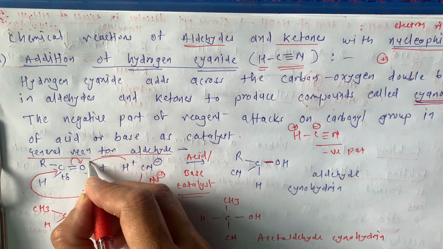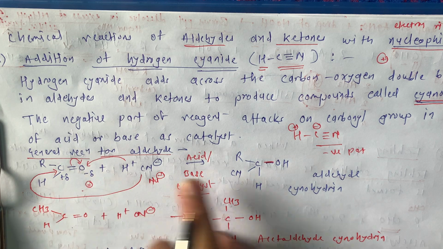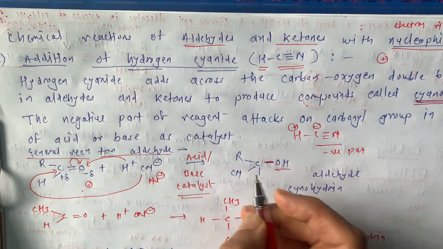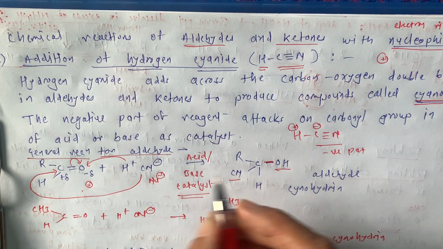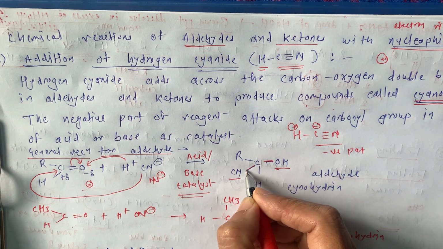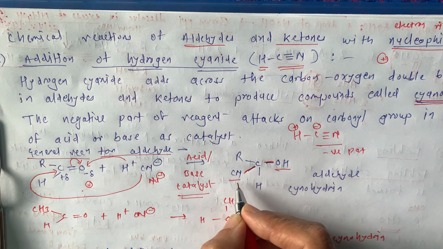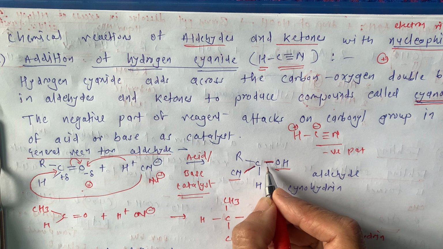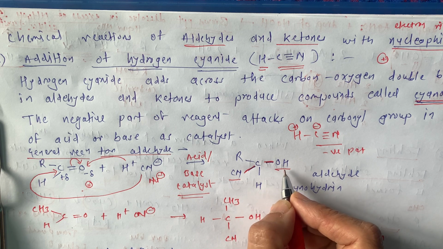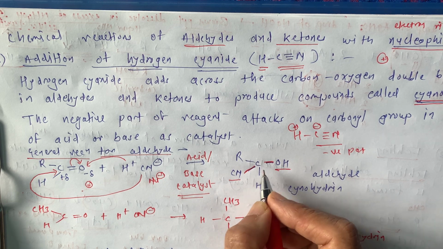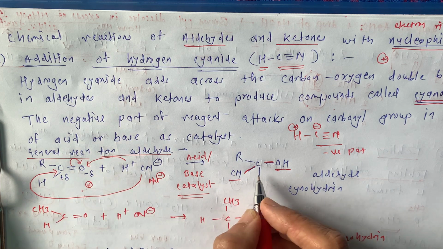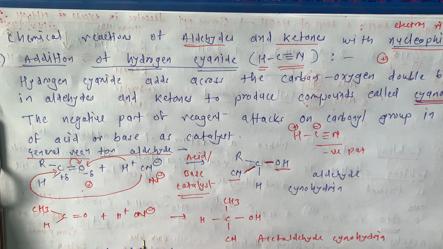So this H is going to attack on this oxygen, and so there is formation of OH, and CN attaches to this carbon like this. So this is CN attached to C. Carbonyl oxygen is now converted to OH. Where there was a C double bond O, now there is a C single bond OH.